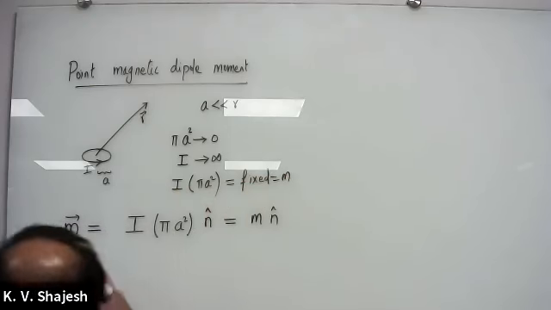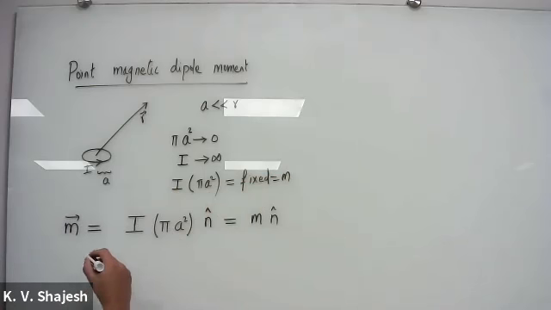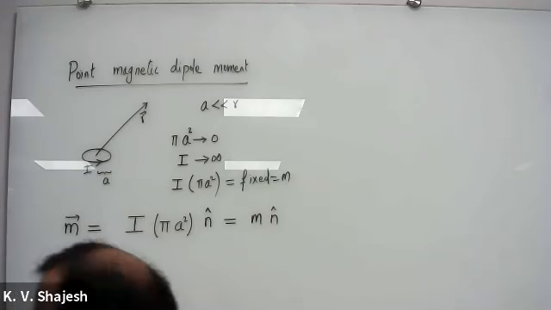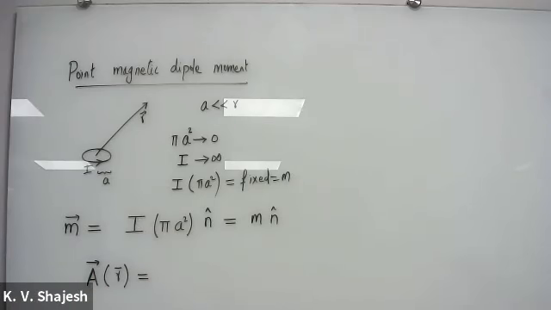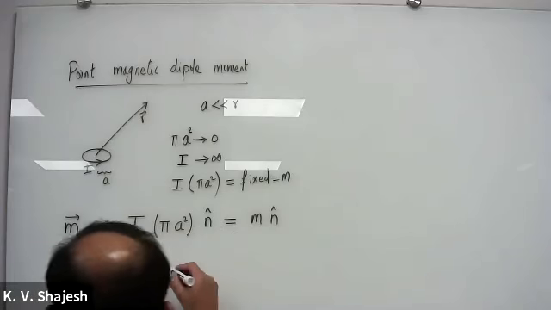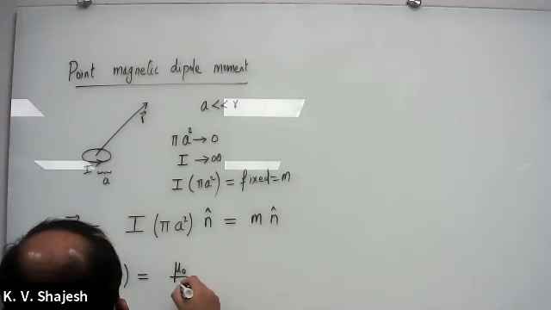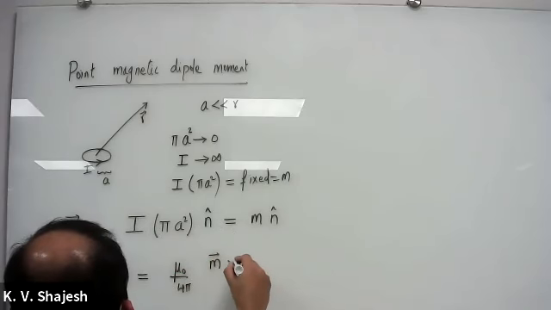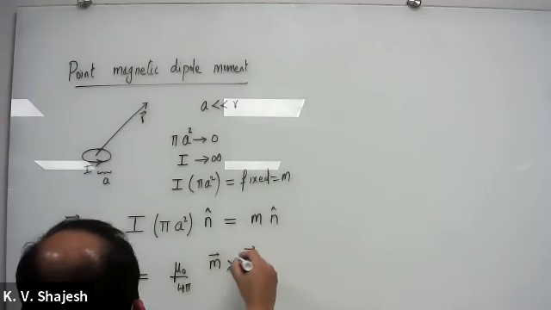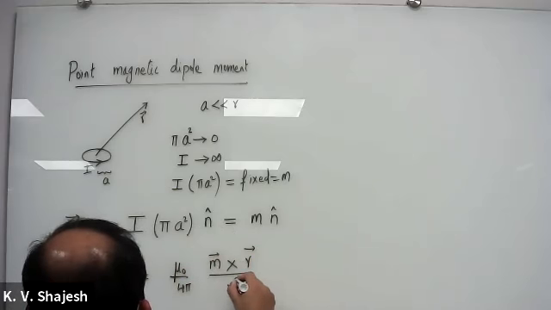And for a point dipole moment M, we have shown that the vector potential due to this is equal to mu naught over 4 pi times the vector M crossed with R over R cubed.